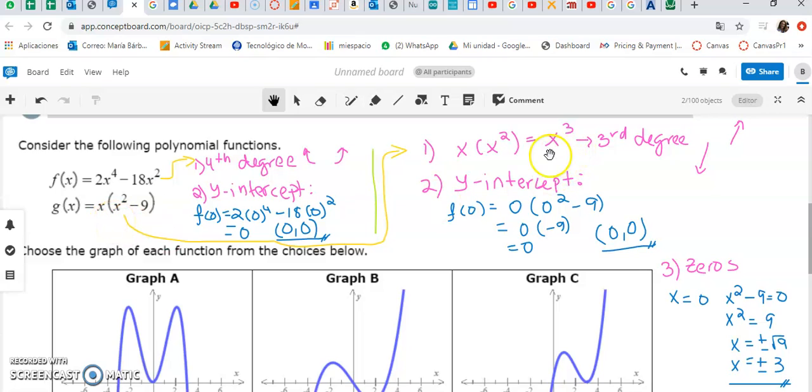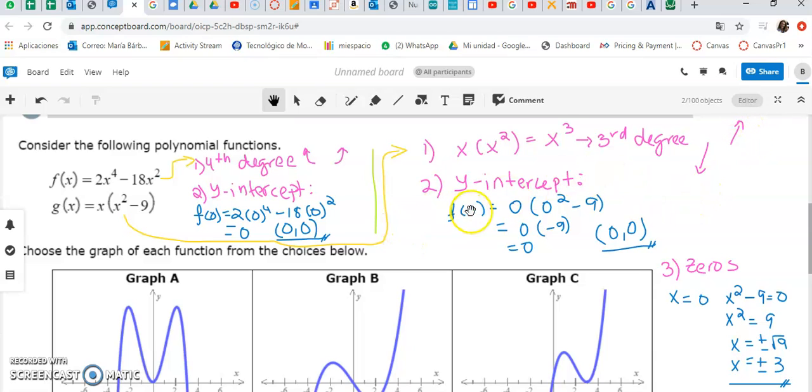So the leading coefficient of this polynomial is positive. We have a third degree function with a positive leading coefficient. Remember, when this is an odd degree with a positive leading coefficient, it falls to the left and rises to the right.